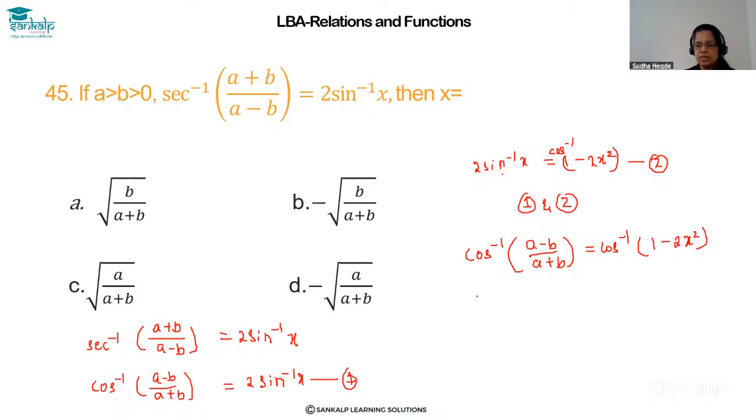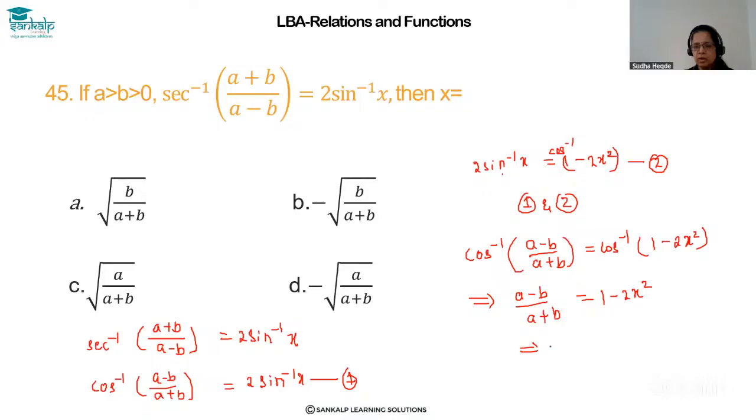Okay, this implies apply cos on both sides. Cos inverse cos cancels. You get A minus B divided by A plus B is equal to 1 minus 2x square.